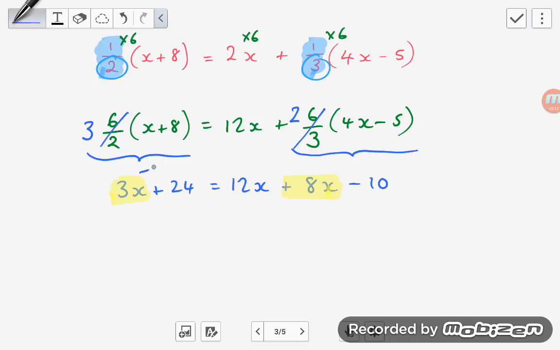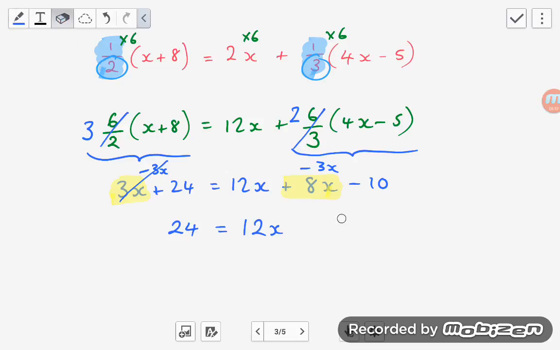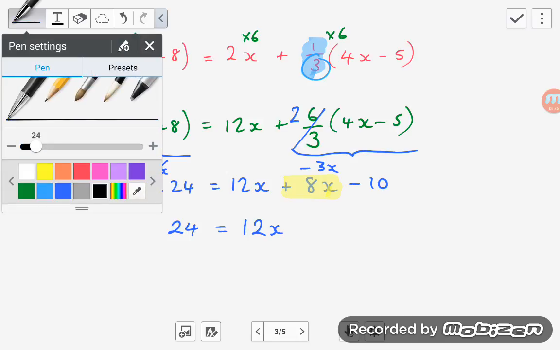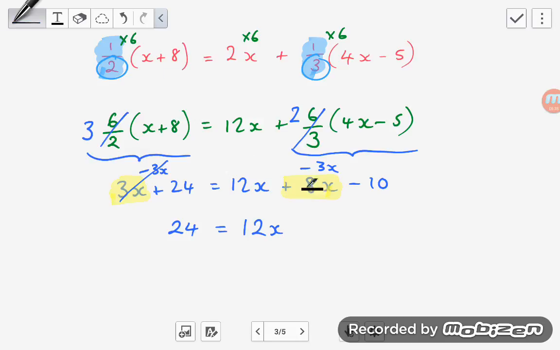So I'll subtract 3x from both sides, and that gives me, they cancel, so that 24 on the left equals 12x minus 3x. Sorry, a mistake there. The bit that I've slightly overlooked here was that I could have collected like terms here.